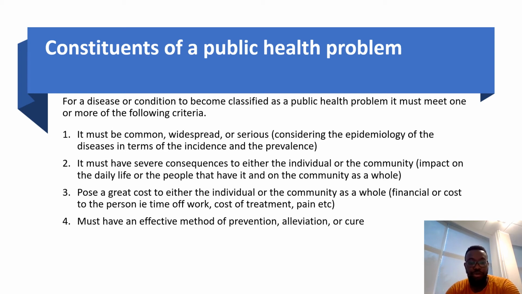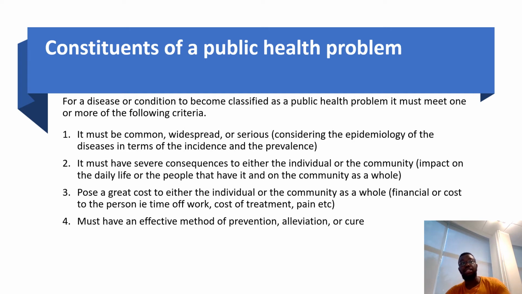What also is the level of cost that it poses on the people? Does it pose a great cost to either the individual who has this problem or the community as a whole? When we're talking about the cost of having this problem as a person, or as a community, we are looking at the financial cost, but not only the financial cost.